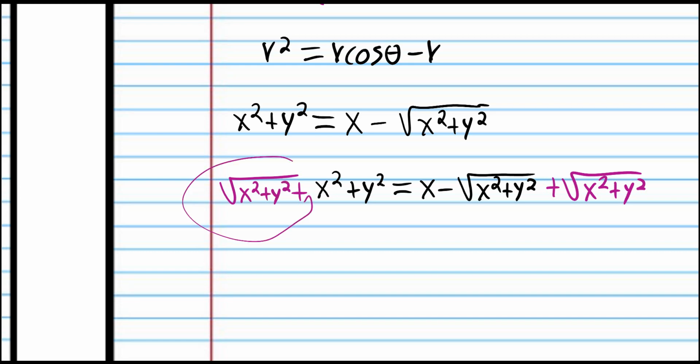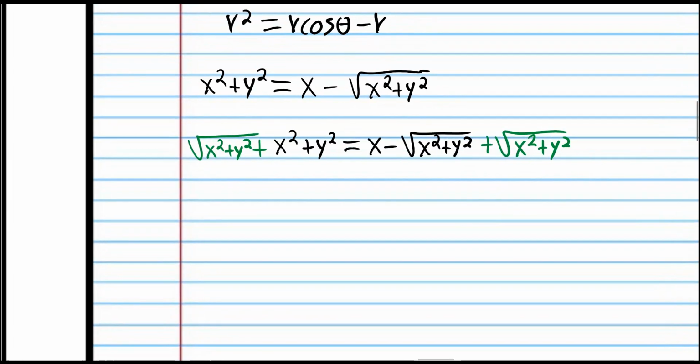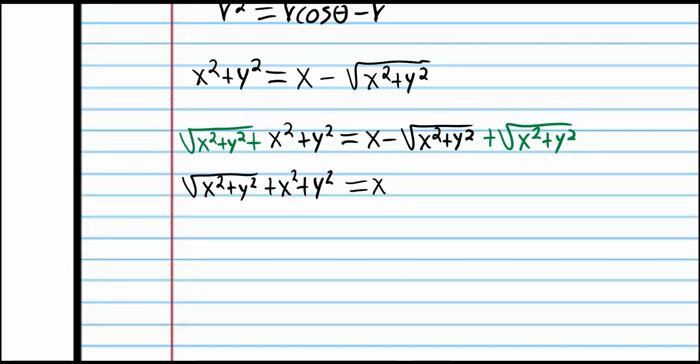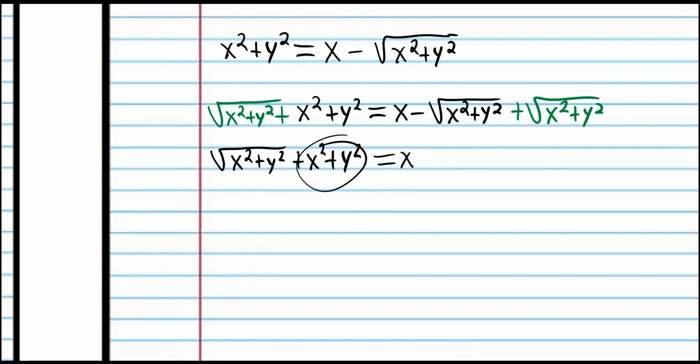And I'm going to make that a different color. Sorry, my computer's going a little slow. Okay, so then we have x is equal to the square root of x squared plus y squared plus x squared plus y squared. And now I'm going to take these terms and put them on the other side. Again, you don't have to show the steps here, but I just want you to be aware what's happening.